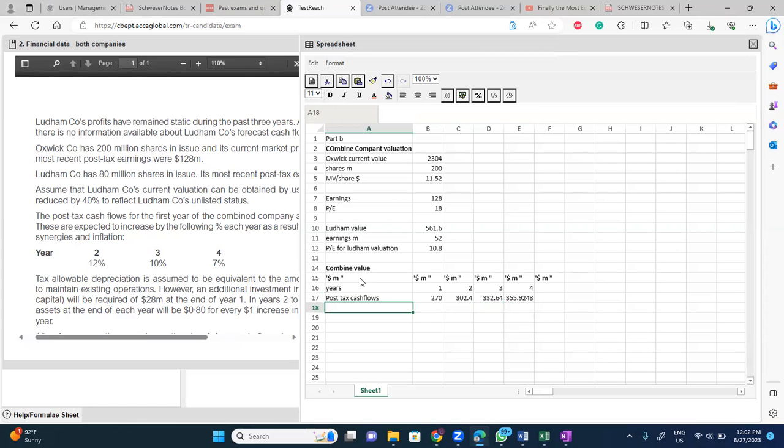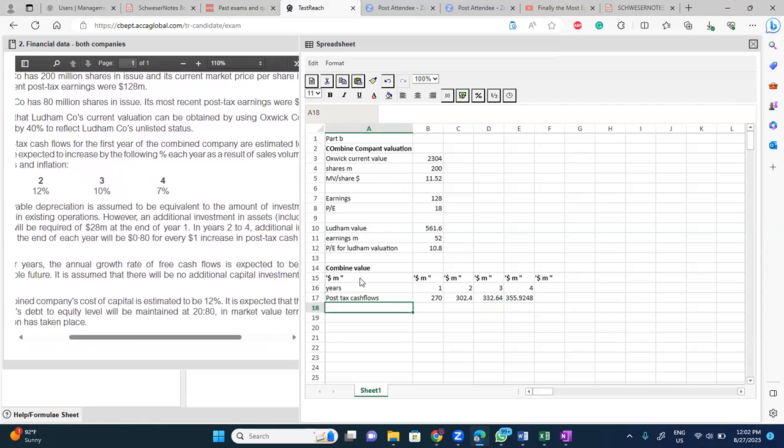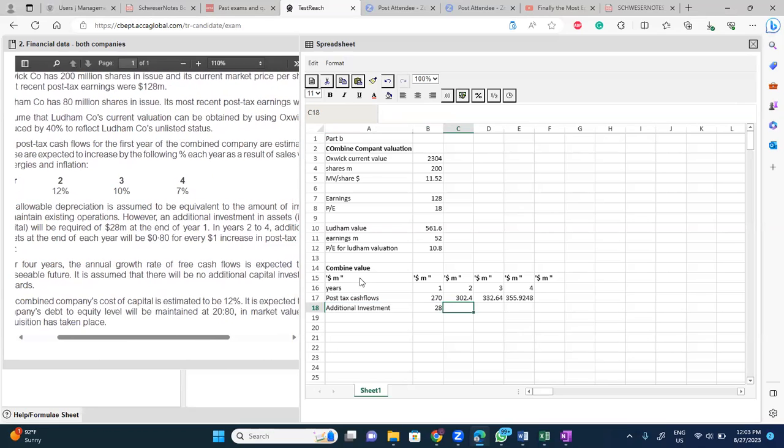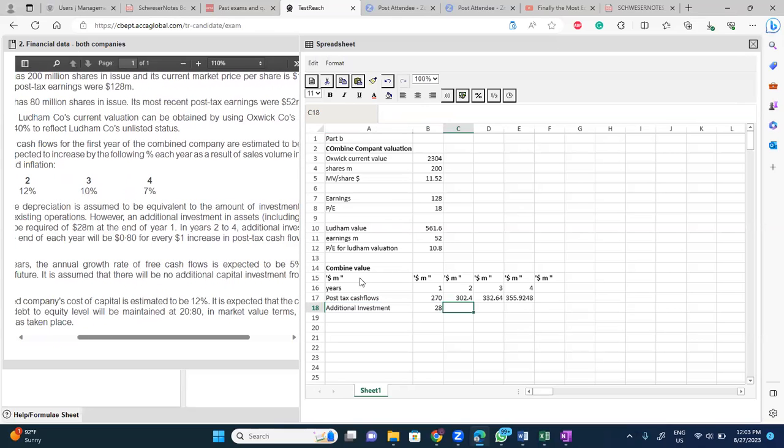Then depreciation and investment are same, but additional investment is 28 million in year 1, and it will increase by 0.8 for every $1 rise in post-tax cash flow. Change of cash flows into 0.8.